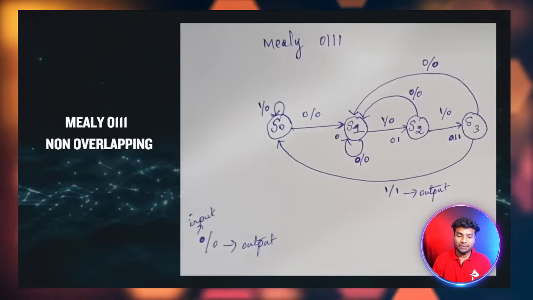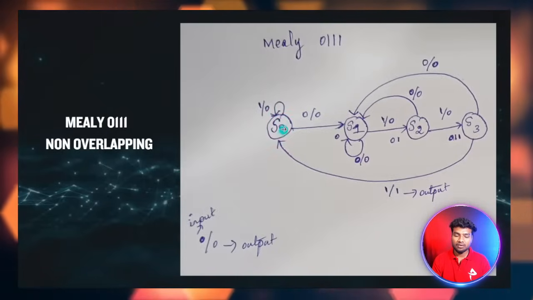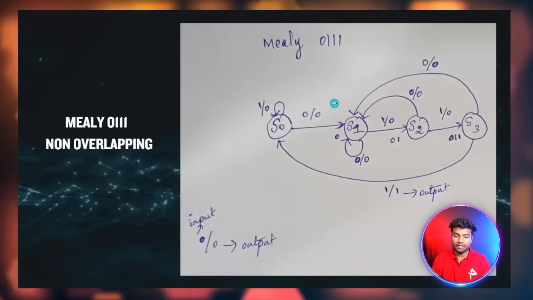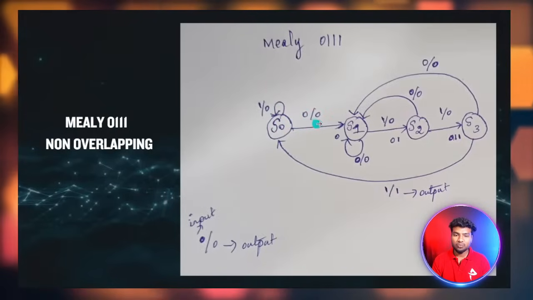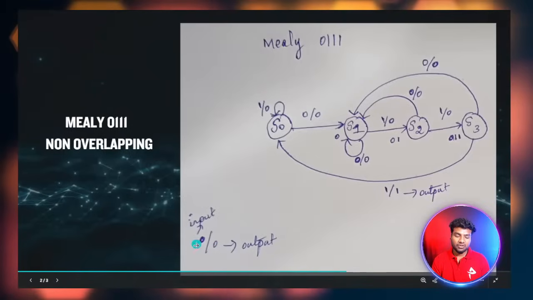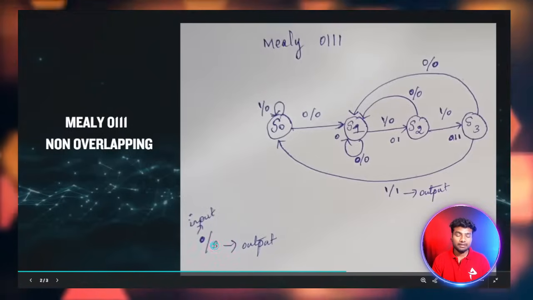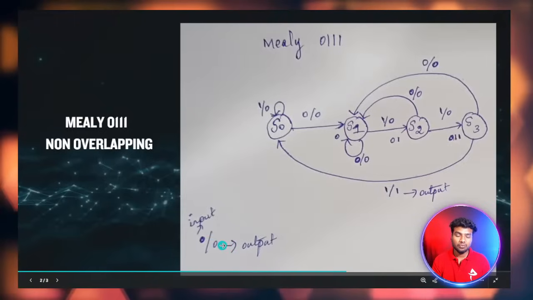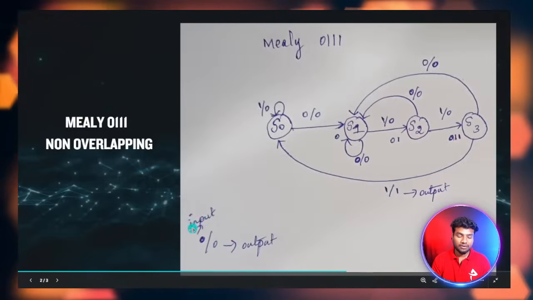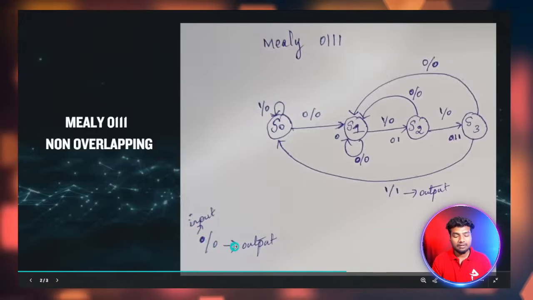In the Moore machine the output is in the state, but here the output is in the transition. You can see here 0 by 0. The numerator refers to the input, and the denominator refers to the output.